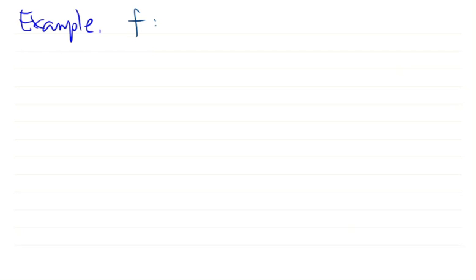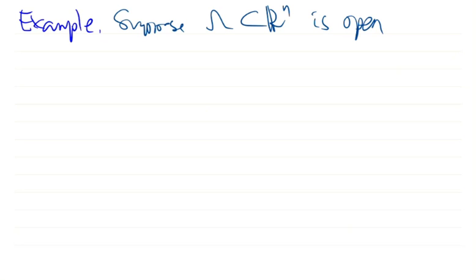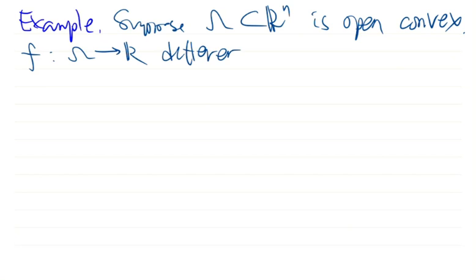Suppose omega is a subset of R^n, an open and convex subset, and f is differentiable at every point.